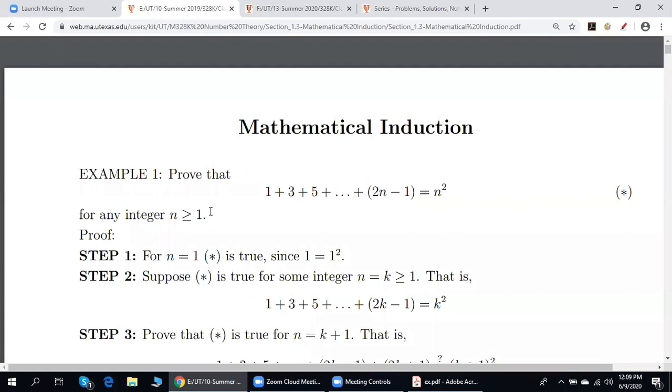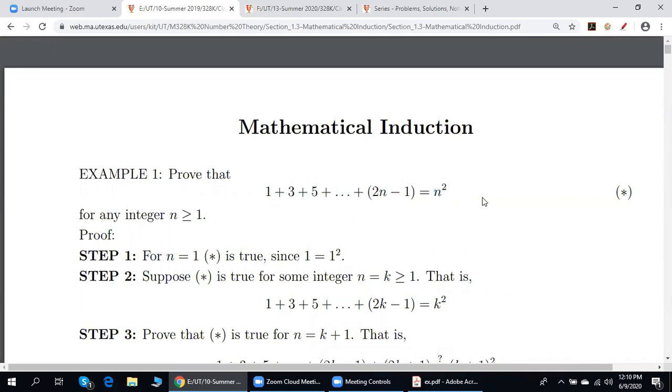Here we want to prove that no matter what n is, if n is an integer greater or equal to 1, the left-hand side is equal to the right-hand side.